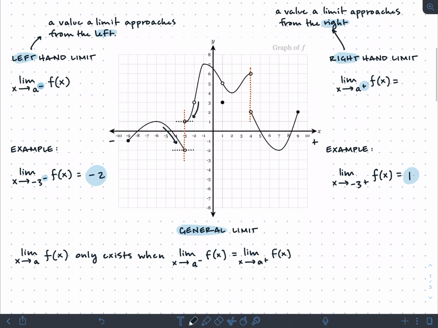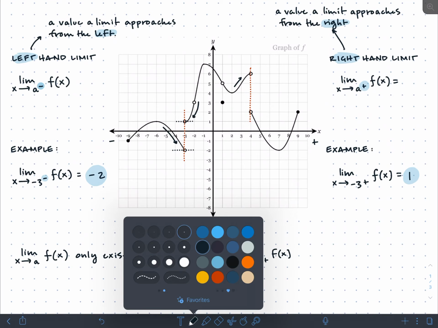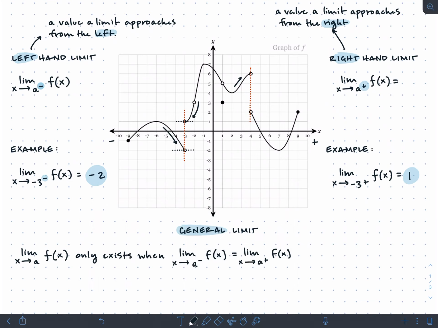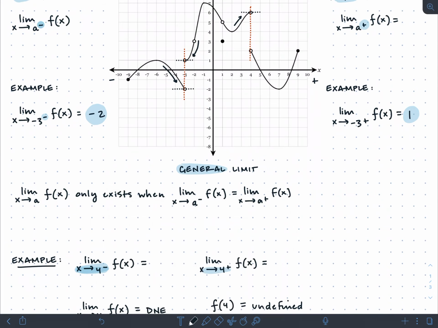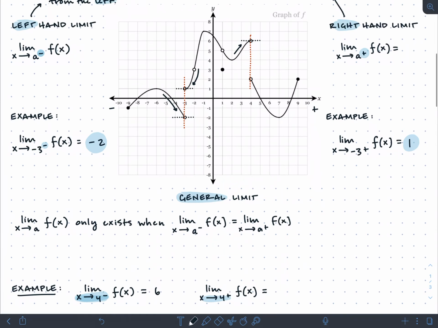So if I draw my arrow here, I notice the y value I'm approaching is positive 6. So I can say that that limit is equal to positive 6. Now I'm going to look at my right-hand limit as we approach 4 from the right.